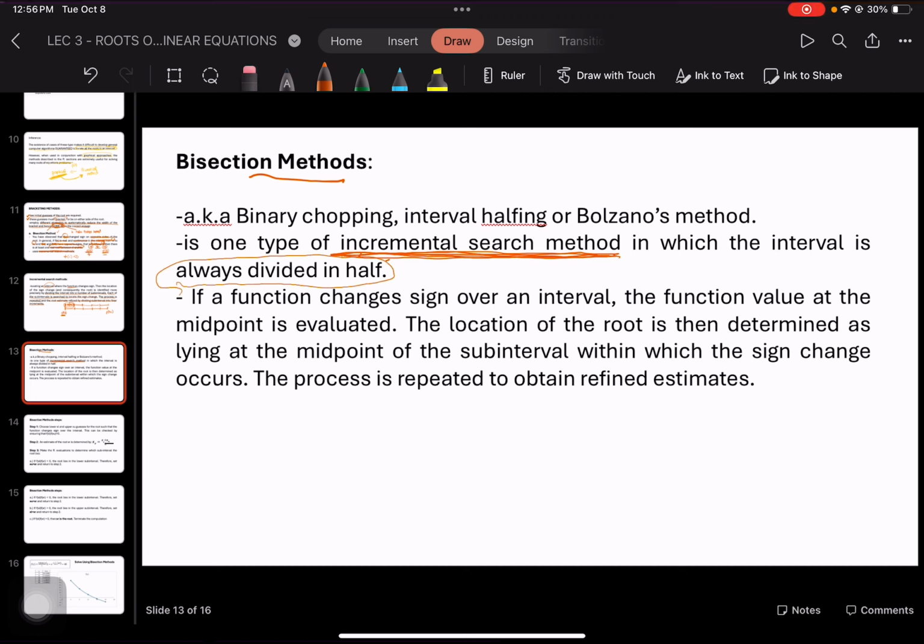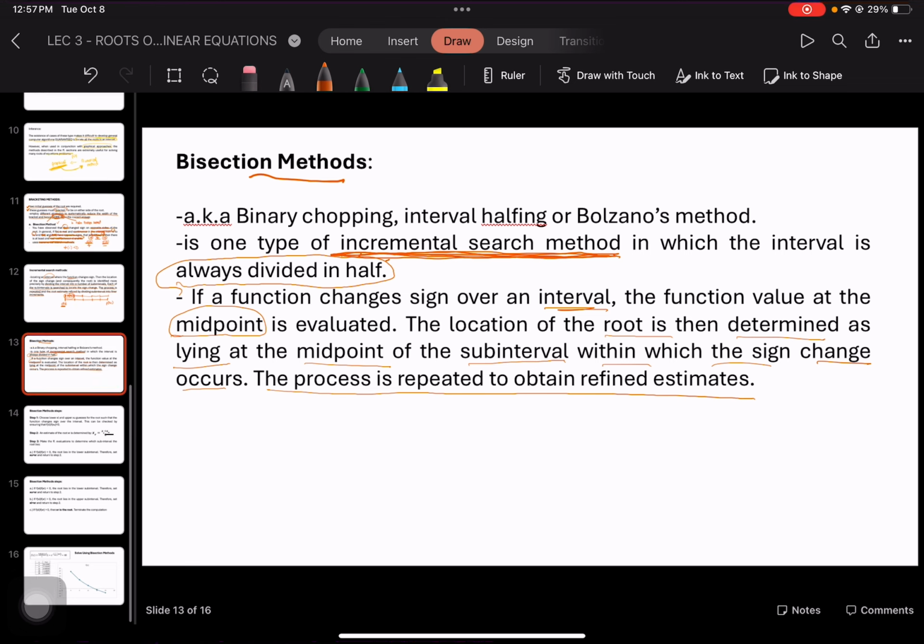Okay, so i-average niya. So if a function changes sign over an interval, the function value at the midpoint is evaluated. The location of the root is then determined as lying at the midpoint of the subinterval within which the sign change occurs. The process is repeated to obtain refined estimates. So yun yung concept ng bisection method.